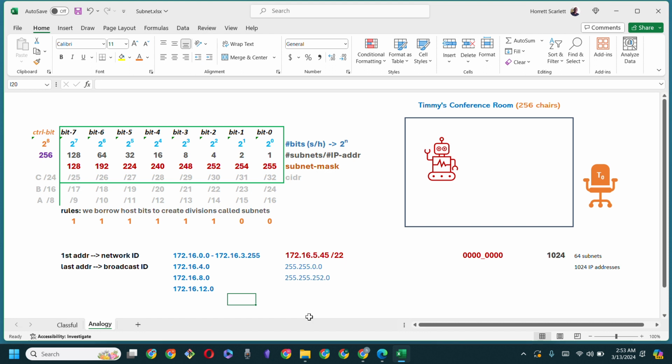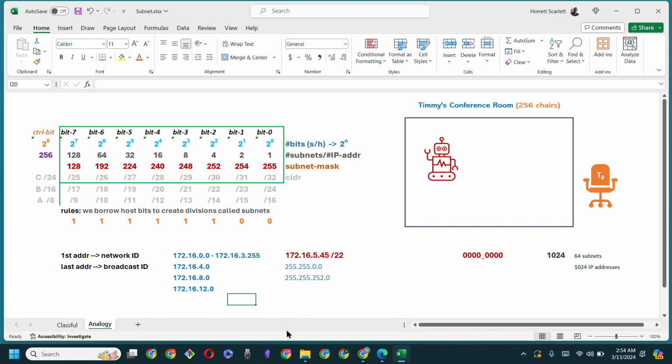Then 3 plus 1 gives us 4. Which means that the next IP address after 172.16.3.255 is going to be 172.16.4.0. So please bear that in mind. Each of these octets ranges between 0 and 255. Once we reach 256, we cannot represent that within the octet, so we put a 0 at that position and move a 1 over to the next column, and we add that 1 to that column.